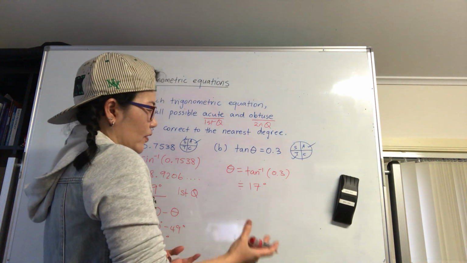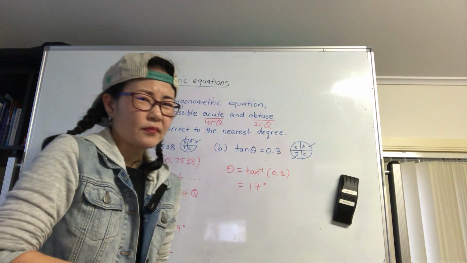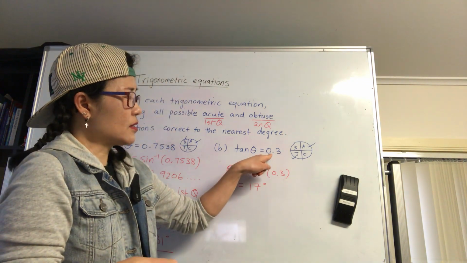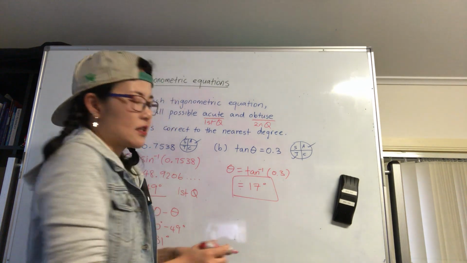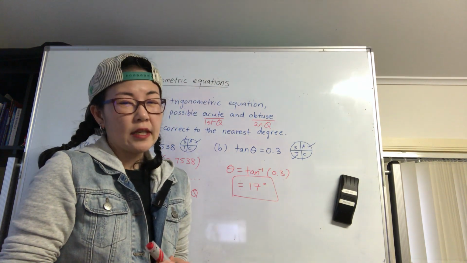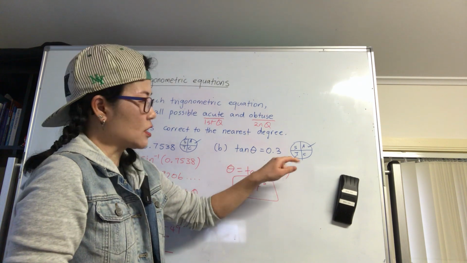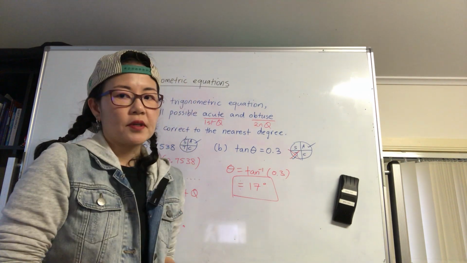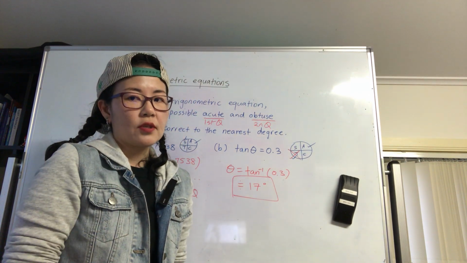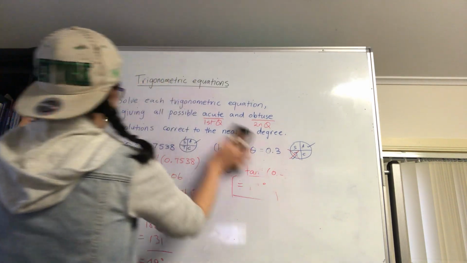Now don't put 180 take away 17, because that solution doesn't exist, since tan is positive. So the only solution is 17 degrees, an acute angle only, because tan theta is 0.3, which is positive, meaning first and third quadrant, and we cannot use the third quadrant because it's not obtuse, it's a reflex. So that's only one solution. Be careful with that one.